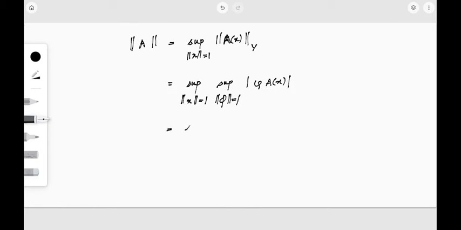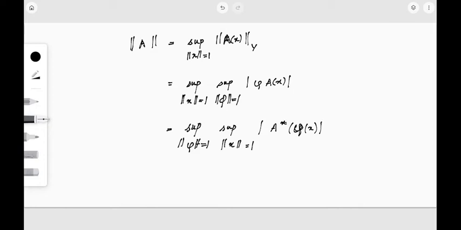Now this is equal to supremum, I'm just interchanging this here, over norm phi equal to 1, supremum over norm x equal to 1. And what is phi of A of x? Phi of A of x is nothing but A star phi of x, that is what we just now did, right? A star phi of x.